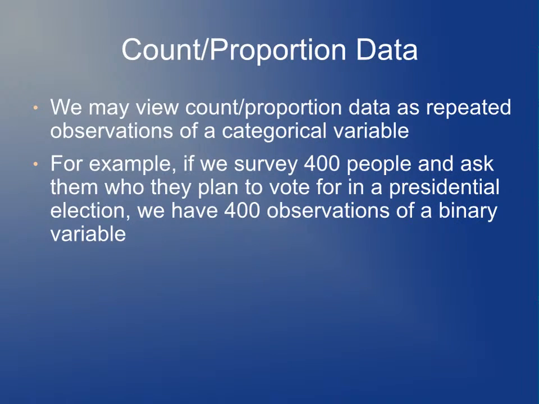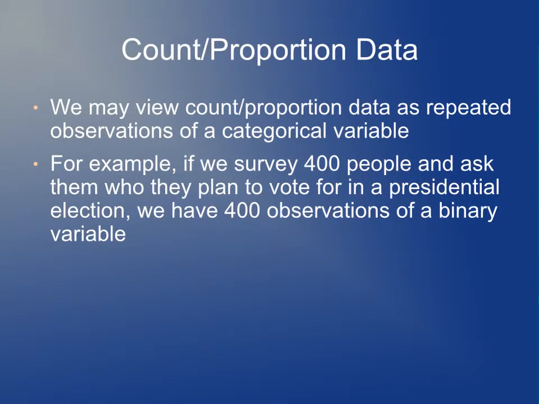So next, let's consider count or proportion data. You can think of count or proportion data as repeated observations of a categorical variable. If we survey 400 people and ask them who they plan to vote for in the presidential election, you'll have 400 observations of a binary variable: either they're going to vote for Hillary or they're going to vote for Bush or Trump or whoever ends up winning the Republican nomination.